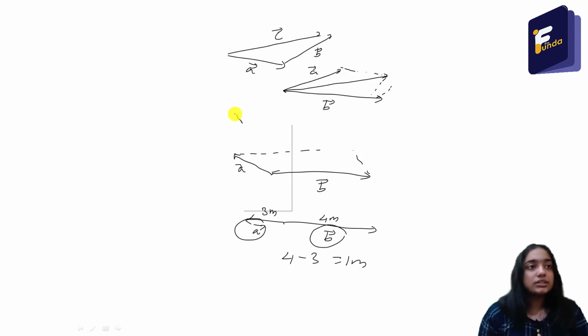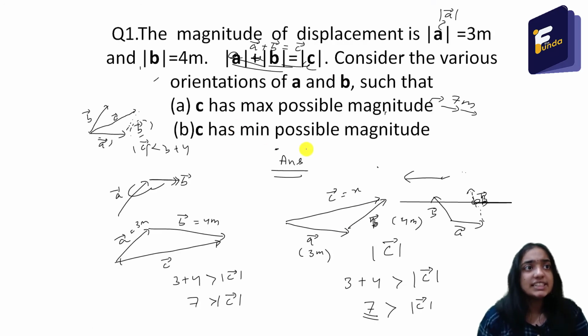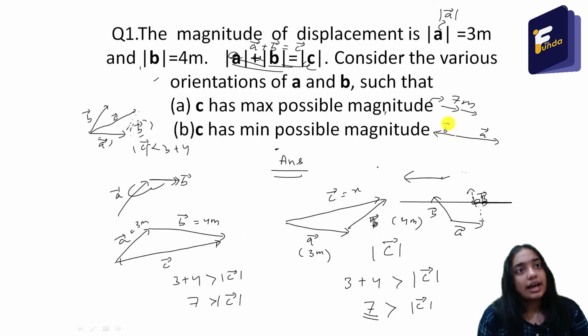So the answer to the last question, C has minimum possible magnitude, is when both these vectors, A vector and B vector, are in opposite directions and along the same line.